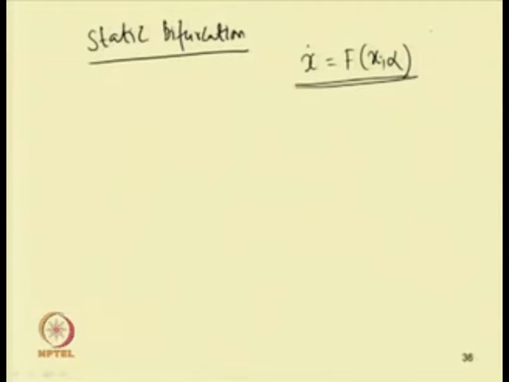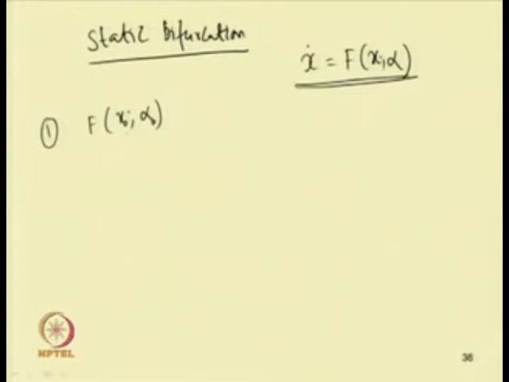To find the static bifurcation point, first it should obey f(x0, alpha0) equal to 0, where let alpha 0 be the bifurcation point.